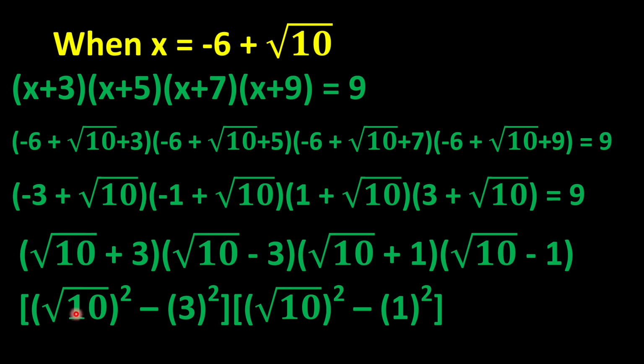The square of under root 10, the root will cancel the square, so it becomes 10, and 3 square becomes 9.